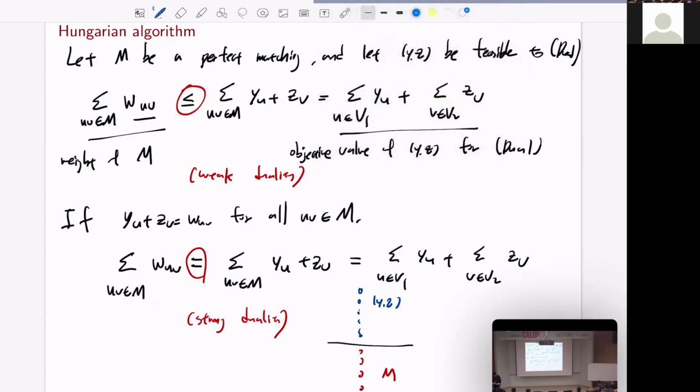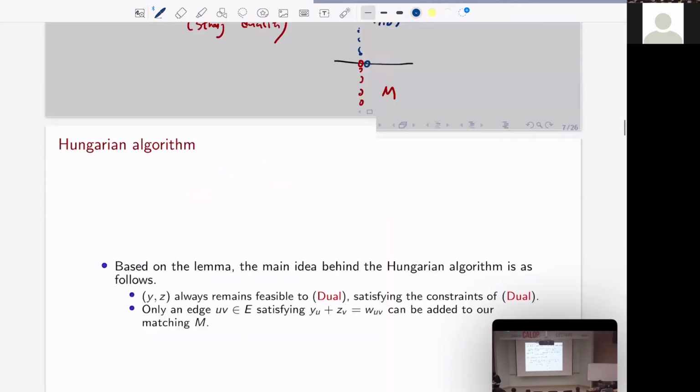That's possible only when these two values are equal. That's what I'm trying to explain.